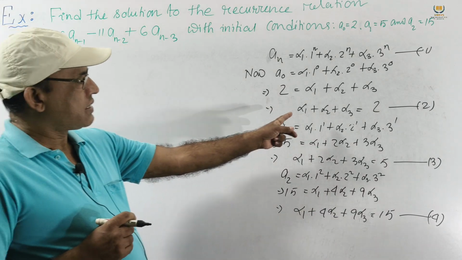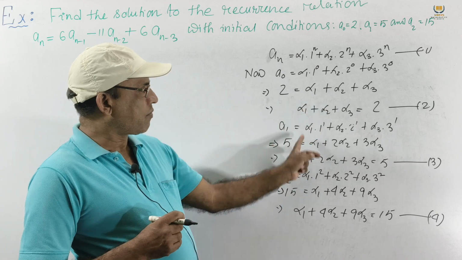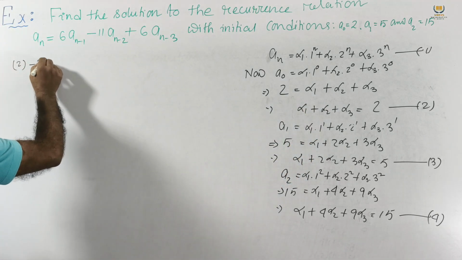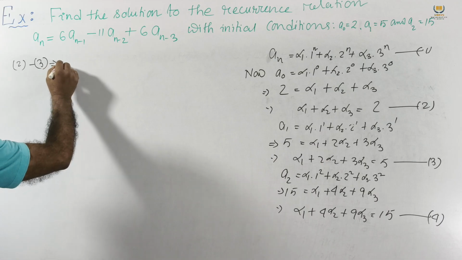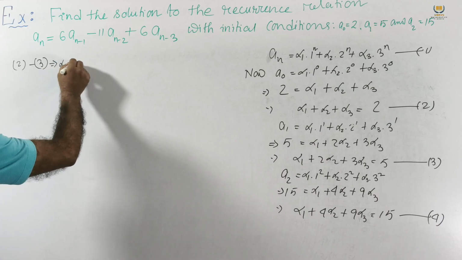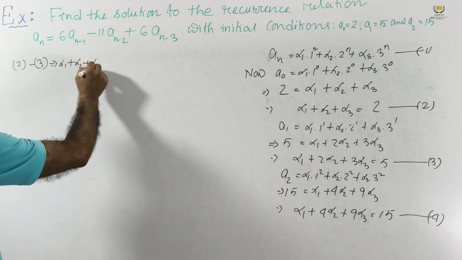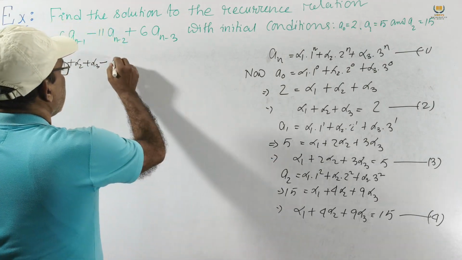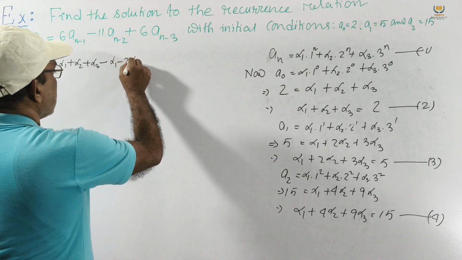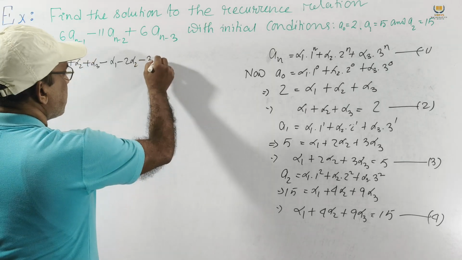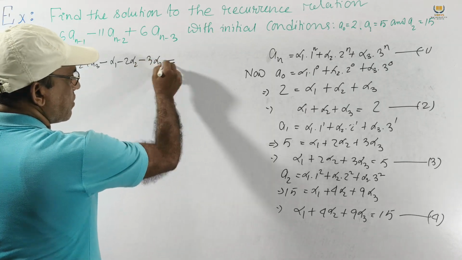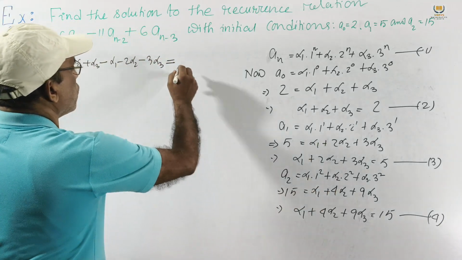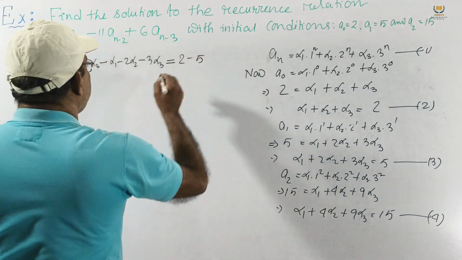Now, if you subtract 2 minus 3, alpha 1 cancels. So alpha 1 plus alpha 2 plus alpha 3 minus alpha 1 minus 2 alpha 2 minus 3 alpha 3 equals the right hand side, which is 2 minus 5.